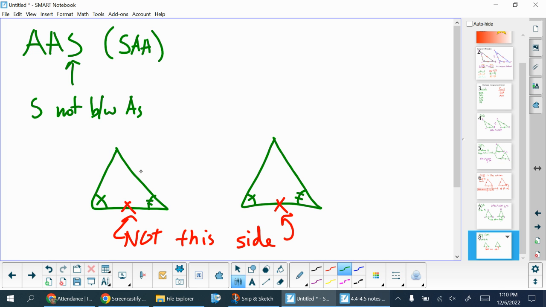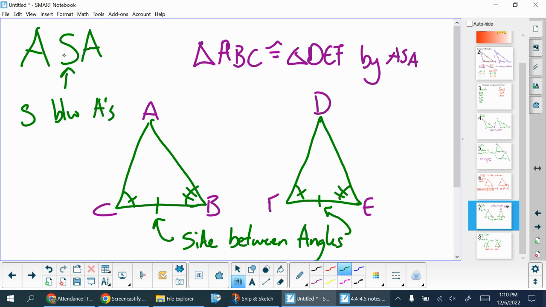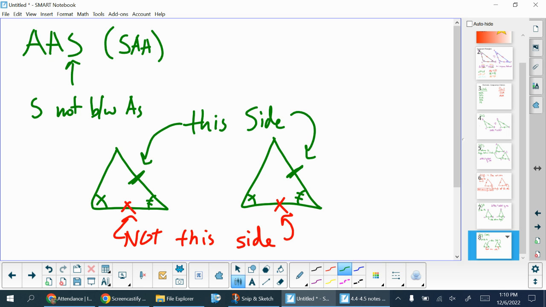So we're looking at, for example, this side. A side that is not between the two angles. That's the key. We write the S between the two angles if the side is between the two angles, and we write the S not between the two angles if the side is not between the two angles. Now, it has to be in the same place. If the side is attached to the angle with 2 marks, it's got to be attached to the angle with 2 marks in the other triangle.